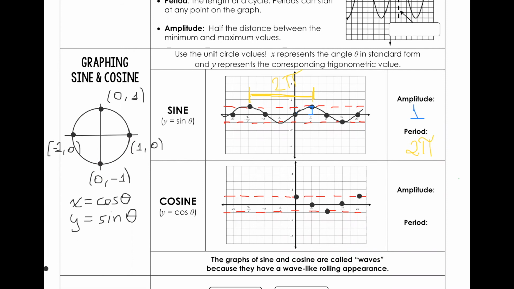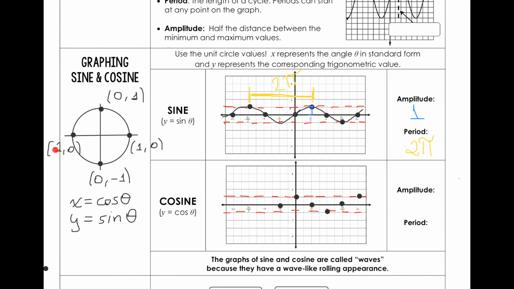And moving backwards, right? So if I have negative pi over 2, this is negative 90 degrees, which means we're going to go down to negative 90. The x-coordinate on this point is 0. So let's graph that 0 over here. Negative pi is negative 180, moving all the way to negative 180.